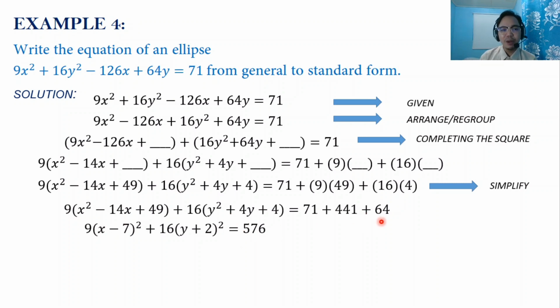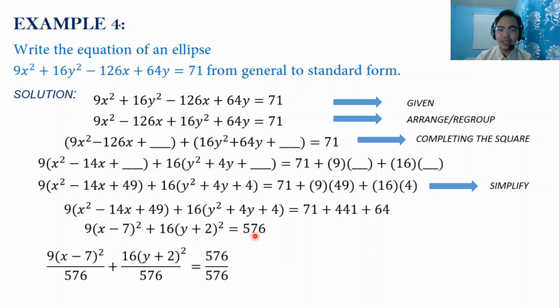Then, kung mapapansin natin, yung nasa standard equation, ang nasa right side niya is always 1. So, how are we going to make this 1? By dividing all terms by 576. Okay, to make it 1.